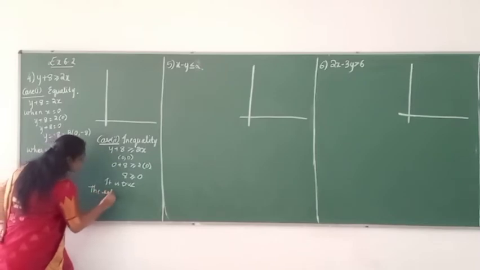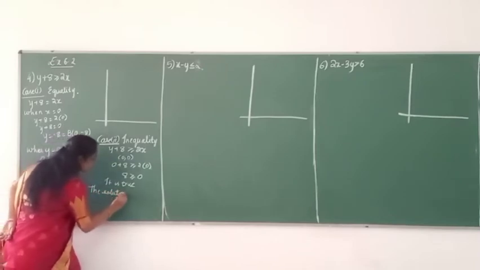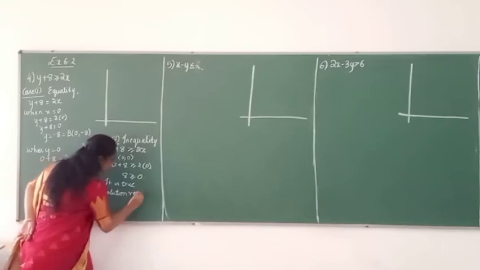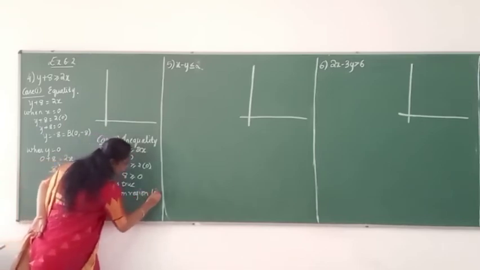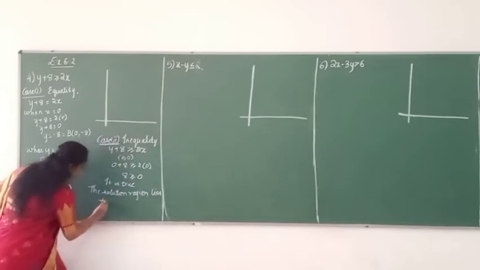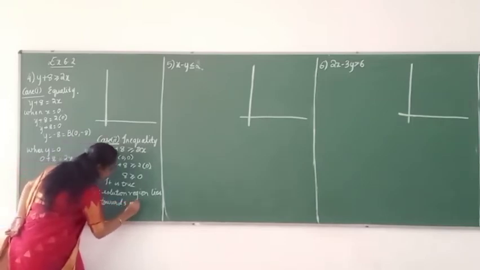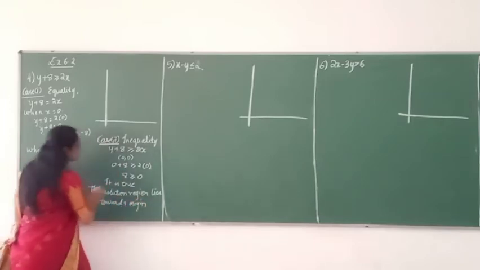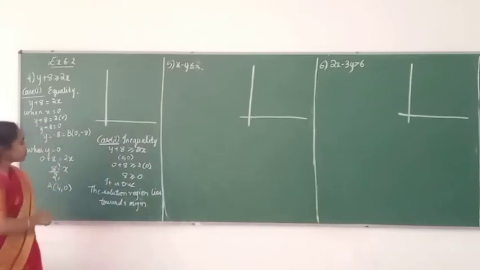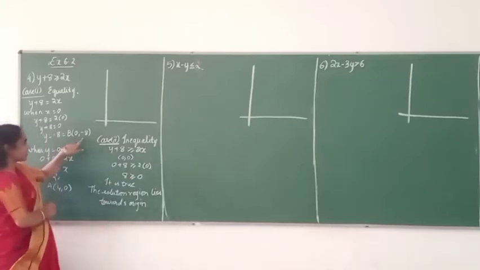The solution region lies towards the origin. Now we just need to plot the graph. So here I think we are having -8. Okay.